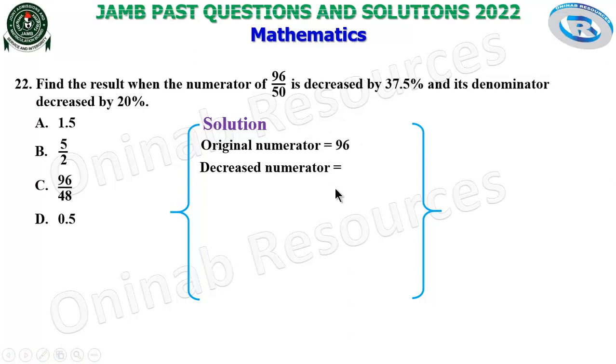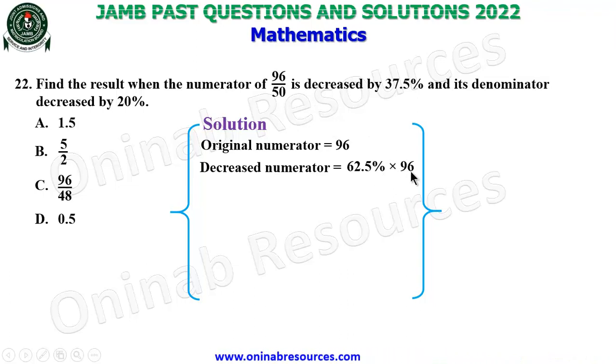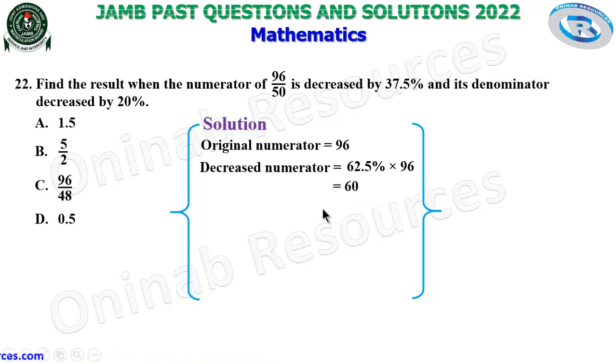The decreased numerator is going to be 100 minus 37.5. We still have the option of calculating 37.5, then subtracting it from 96, but it's more direct to take 37.5 away from 100. What we have is going to give us 62.5% of 96. So we then simplify, that's giving us 60.